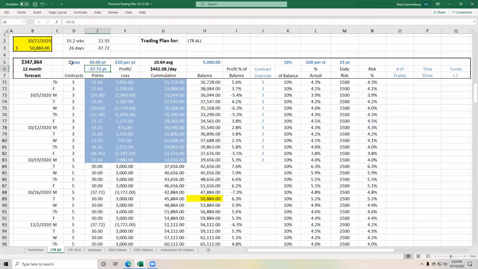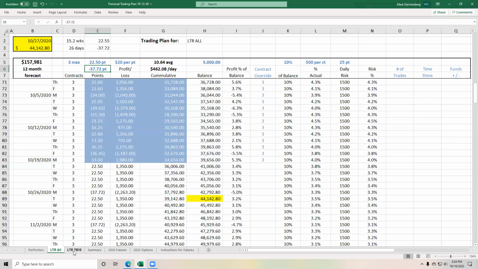All of a sudden, your 5 contracts are giving you $347,000. Maybe you don't want that much or don't need that much, and you stick with 3 contracts. So bottom line takeaway here is make sure that your performance forecasted, which is right here and here, is based on your actual run rate, which are these 2 values right here.